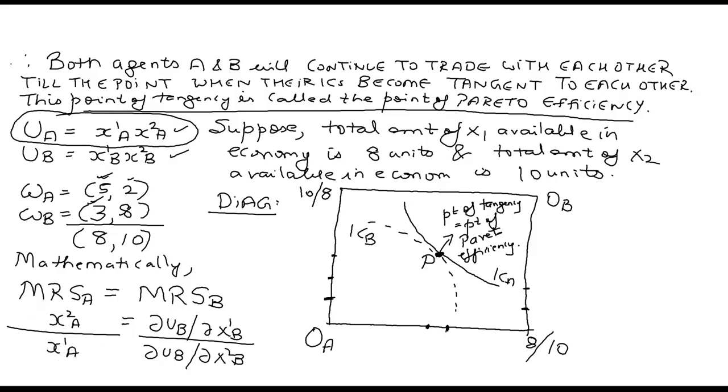Similarly, if I differentiate the utility function of agent B with respect to X1B, I get X2B in the numerator.